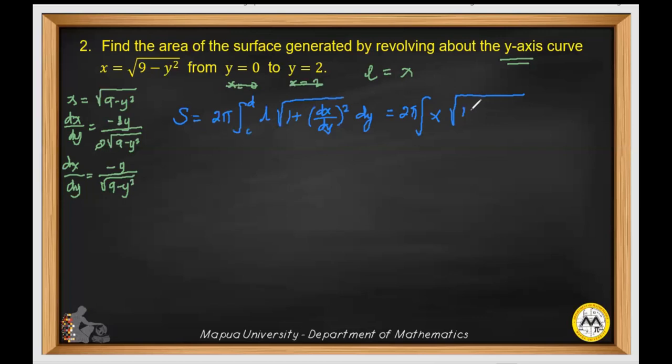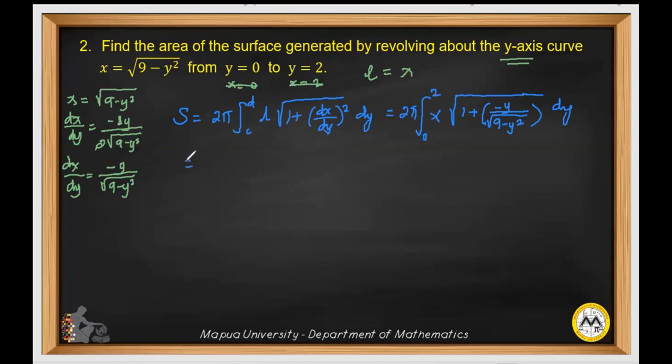So this will give us 1 plus the square of negative y over the square root of 9 minus y squared, dy. The limits go from y equal to 0 to y equal to 2.